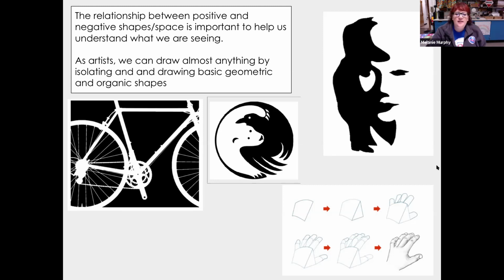The other way is to start with the basic shapes, like you see here in this diagram. So instead, you're looking at your hand and you're like, oh yes, this is basically a big rectangle-ish shape. And to get this part right, I would draw a simple triangle. And I might draw a triangle here too, in the negative space, to define the angles between my thumb and my finger.